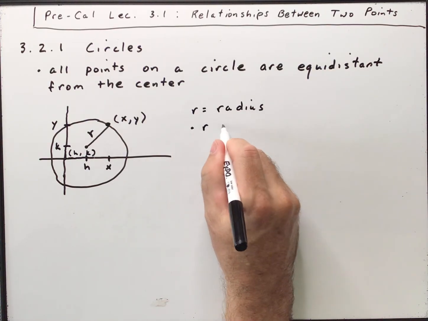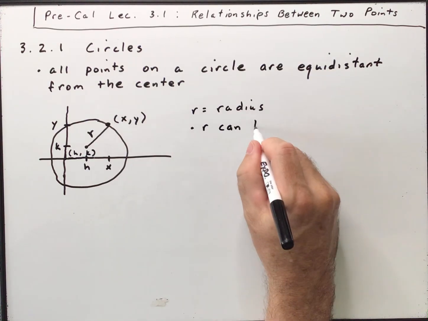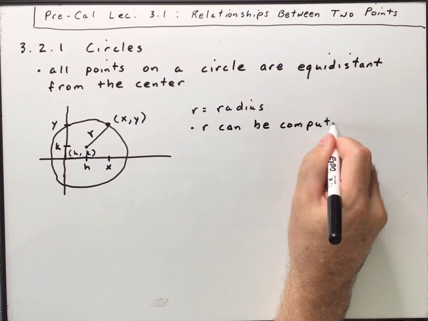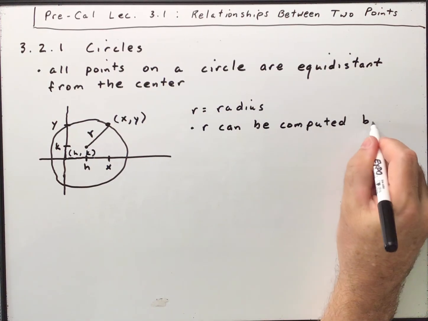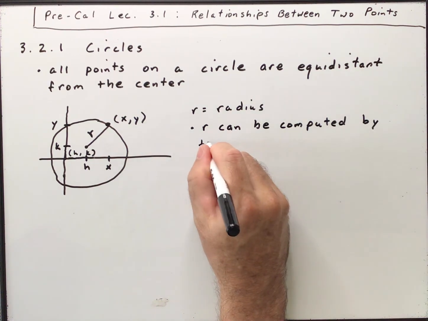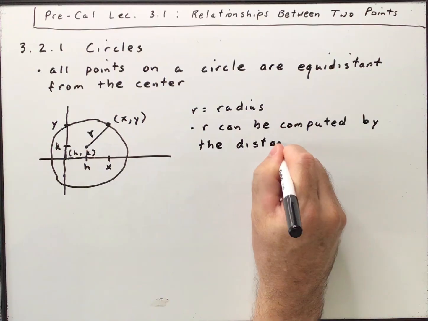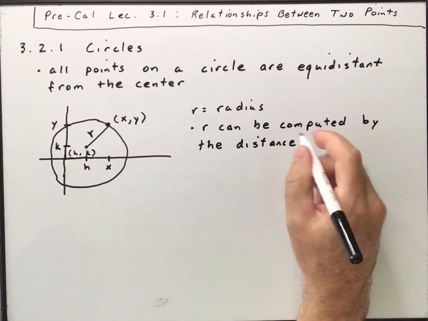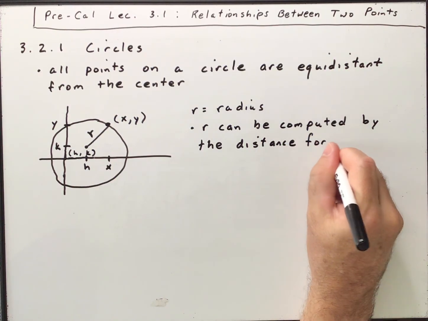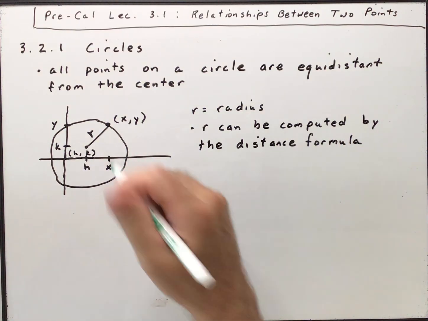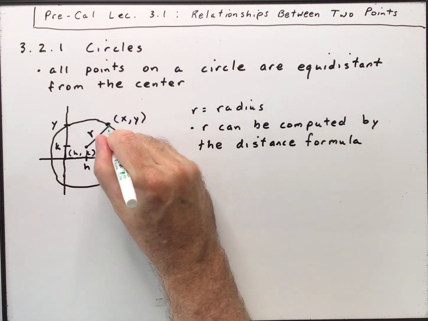And R can be computed by the distance formula. Okay, because we can make that into just a right triangle.